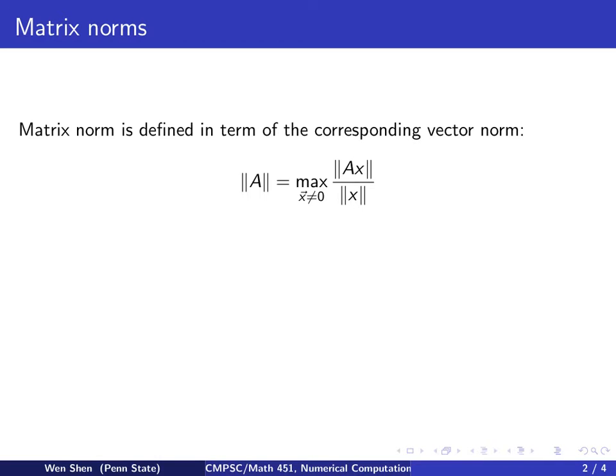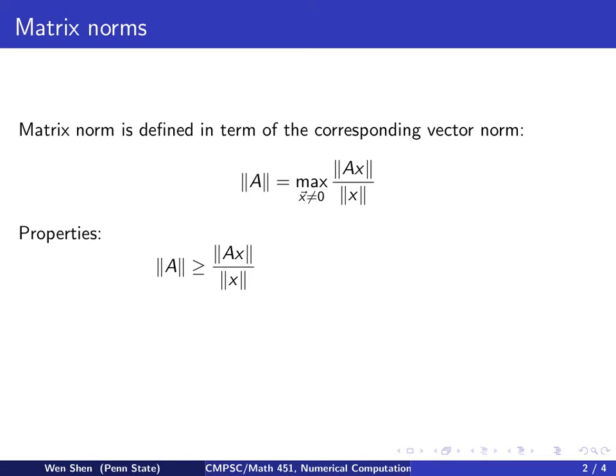The matrix norm for A corresponding to the vector norm for X is defined as follows. The norm of A equals the maximum of this expression, that is, the vector norm of A times X, divided by the norm of X. And the maximum is taken over all X that are not 0, meaning where the denominator does not equal 0.